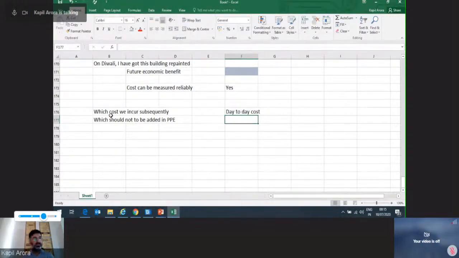So day-to-day cost would generally be repair and maintenance. Repair and maintenance cost, or day-to-day cost, which we call, should not be added in the value of asset because generally these are the costs which are not going to give the future economic benefit.